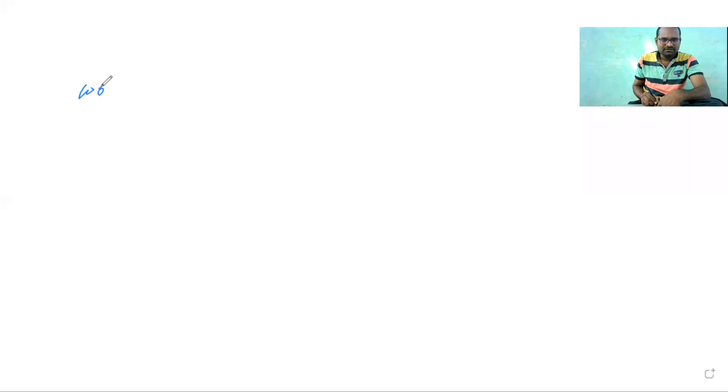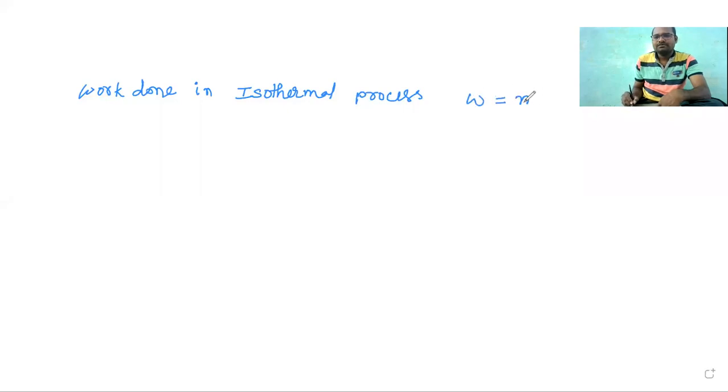We discussed work done in isothermal process, and it comes out to be 2.303 nR log V final minus V initial, or V2 minus V1, or 2.303 nR log P initial to P final, P1 to P2, we have discussed.